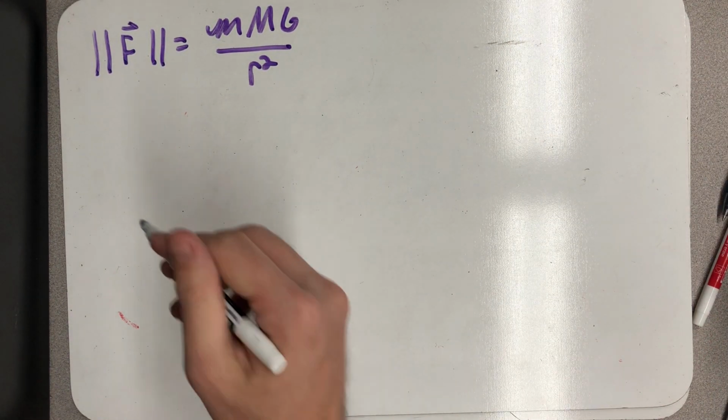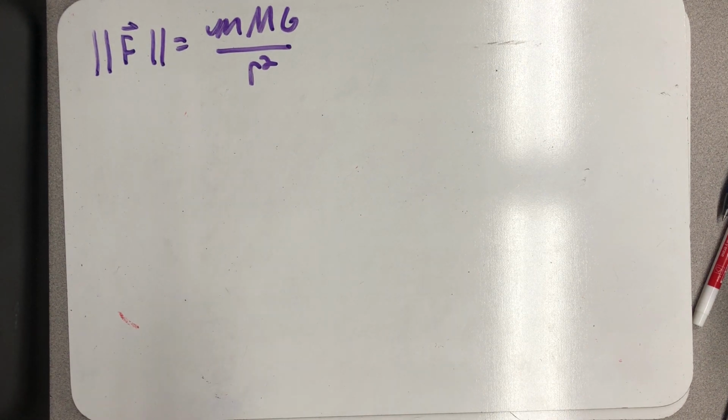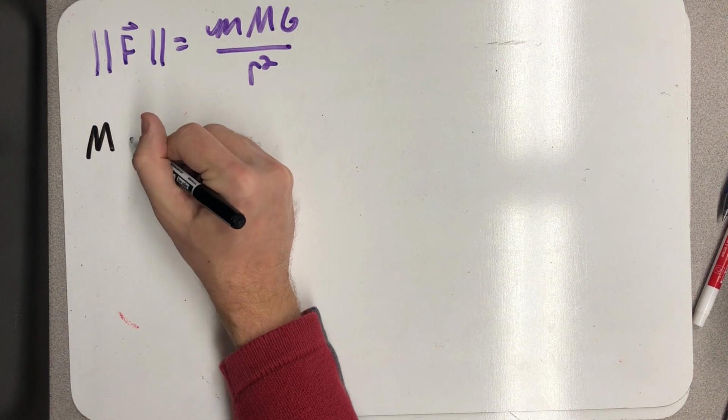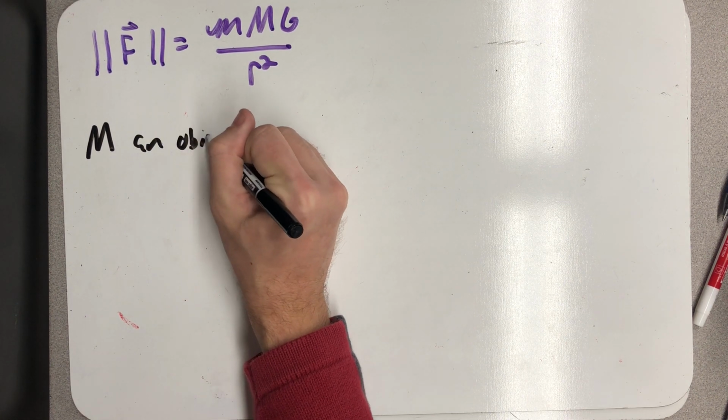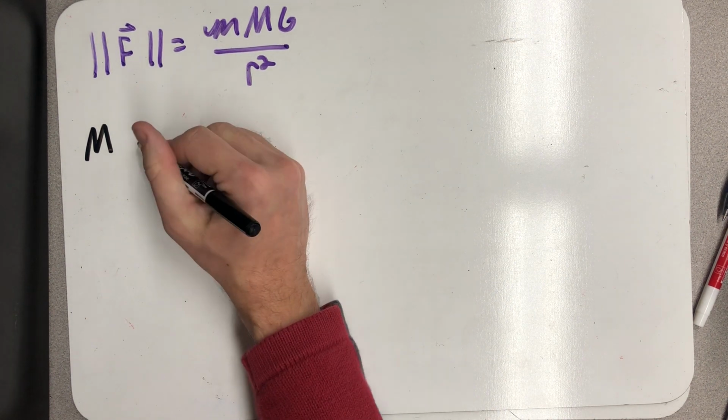I want to imagine an object with mass big M whose center is at the origin. In my head, I'm thinking about that as the Earth, and the center of the Earth would then be at the origin. So big M is the mass of an object whose center is the origin.